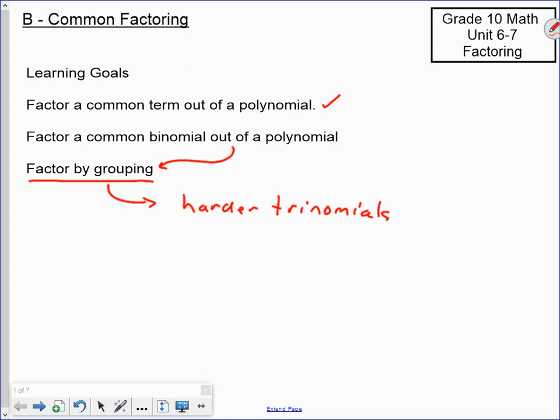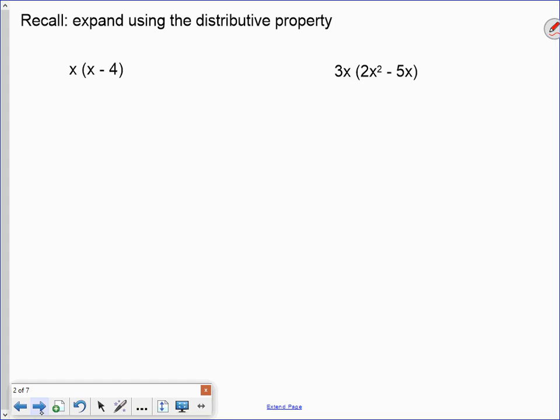So let's start by remembering what we did in the previous lesson when we were doing expanding. We had something like this, x times x minus 4, and we were using the distributive property. We were taking this x out front, and multiplying it by both of the terms in the brackets. x times x gets us x squared, x times negative 4 gives negative 4x.